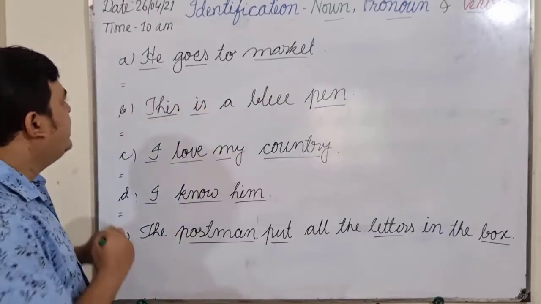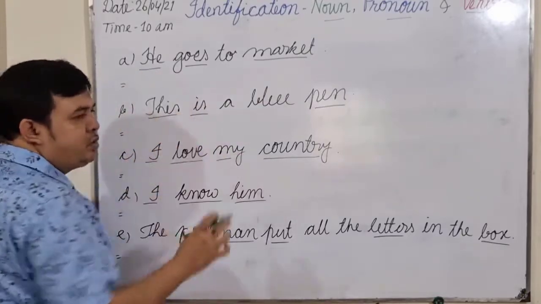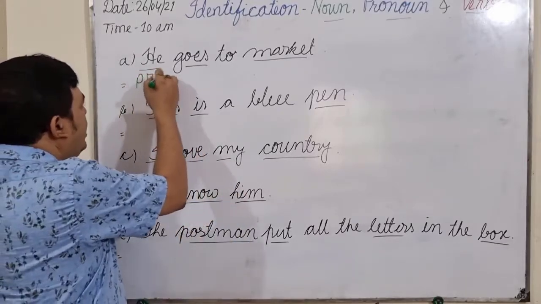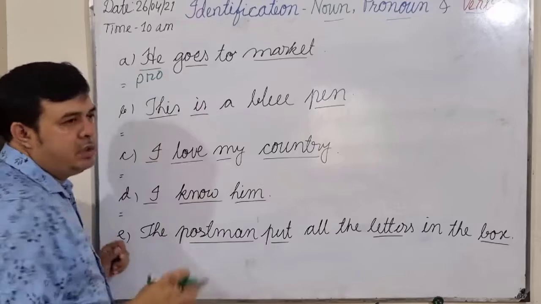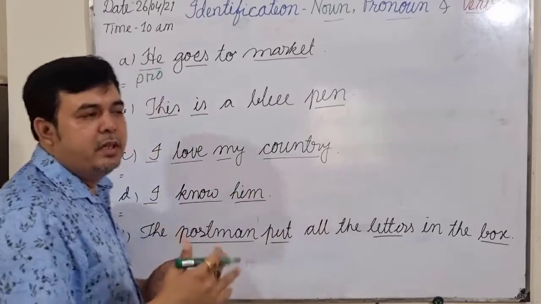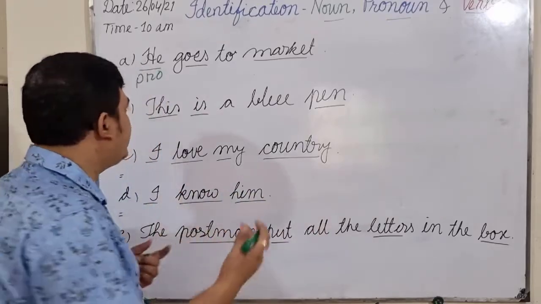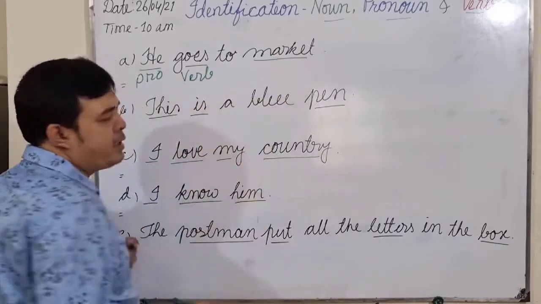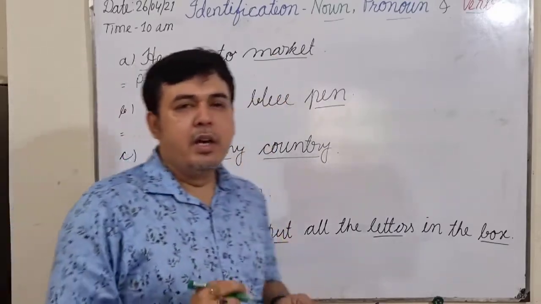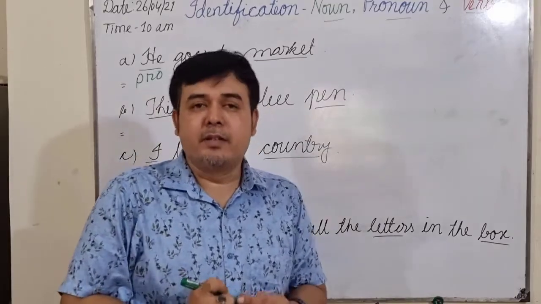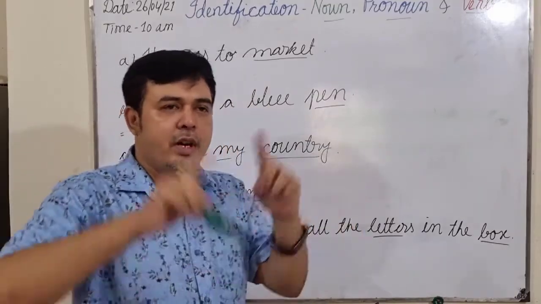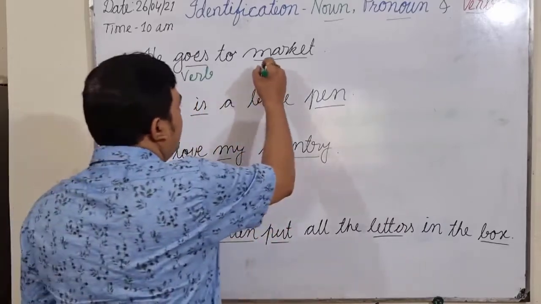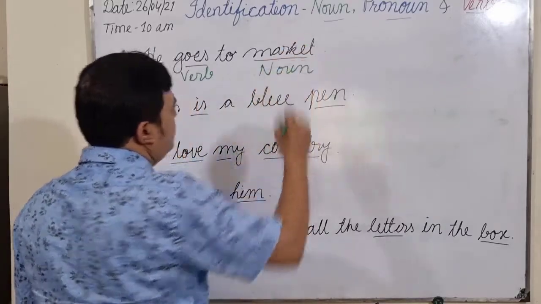Okay, he goes to market. So "he", I think you understand, is used instead of a name, so it is a pronoun. "Goes" means he is doing something, so that is a verb. And market is the name of a place or any particular building, so we can term it as a noun.